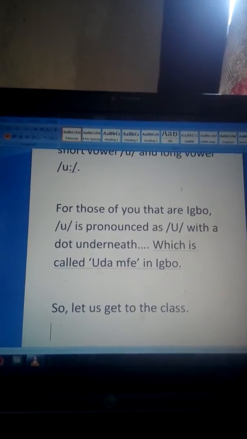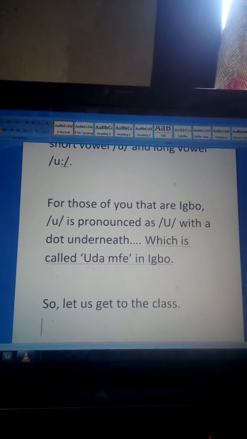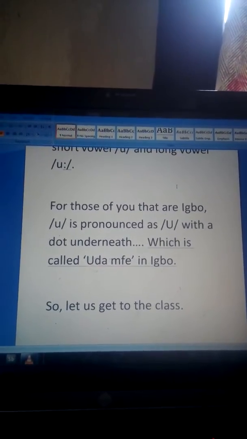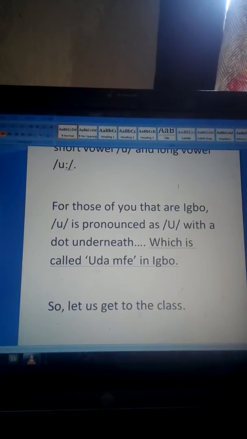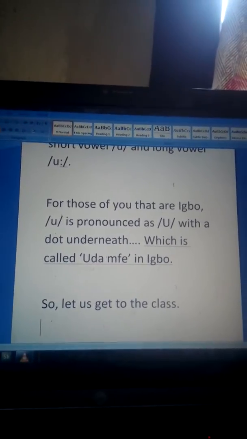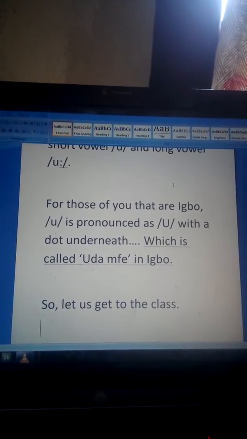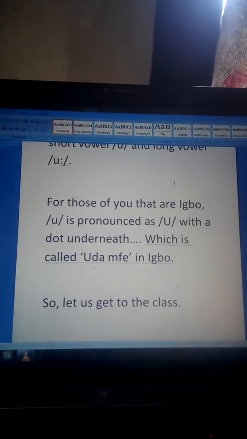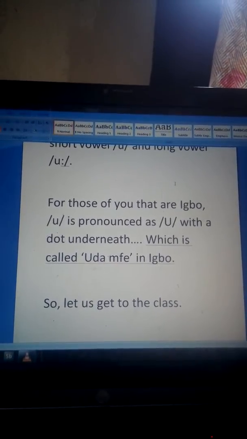So now listen. The short vowel sound, which is the O sound, is the same thing with the vowel sound that we have in Igbo language. We call it Odamfe in Igbo language. It's still the same thing, nothing different. That's the O sound you get to find in words like Ototo, Otali, Oziza.